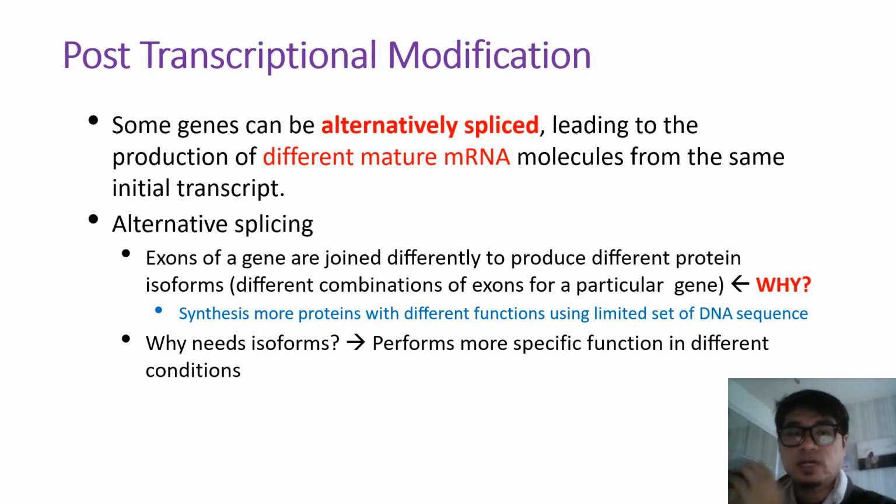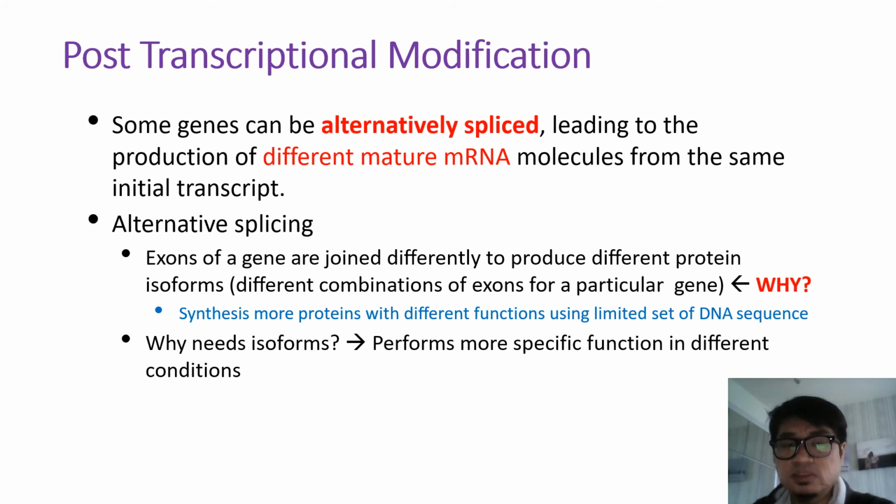Alternative splicing is when the exons of the genes are joined differently to produce different protein isoforms. Different numbers of exons will produce a different type of protein.